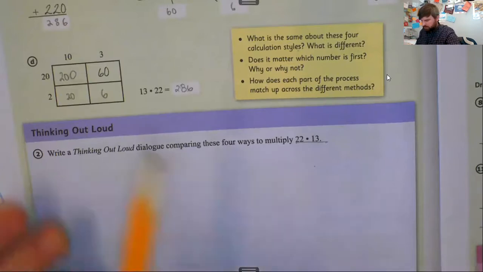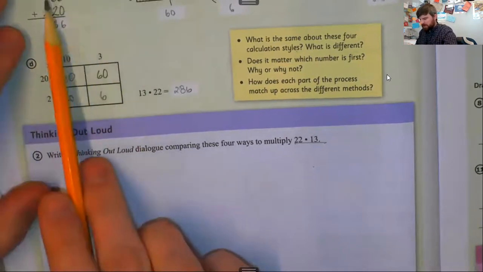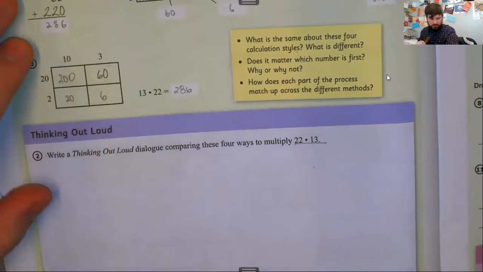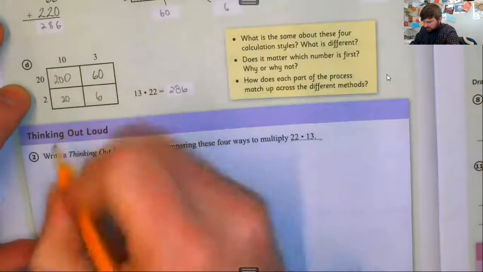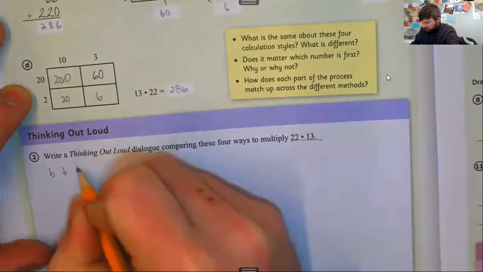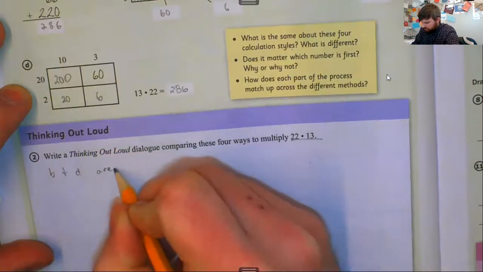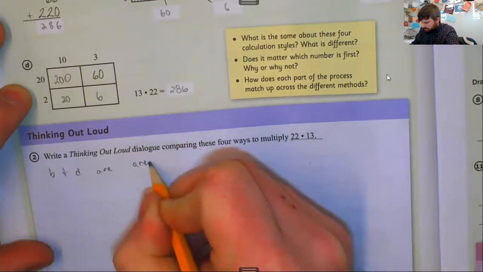Okay, so let's look at each method. Methods B and D are area models.